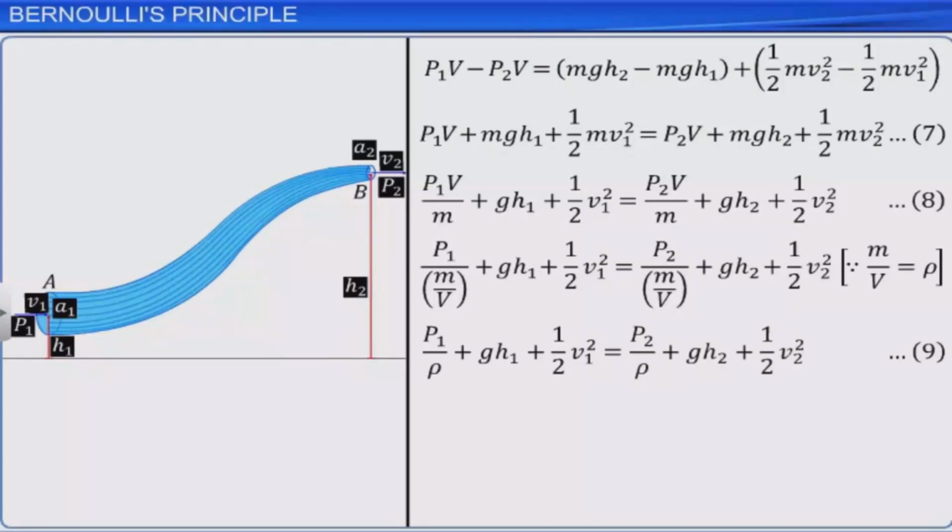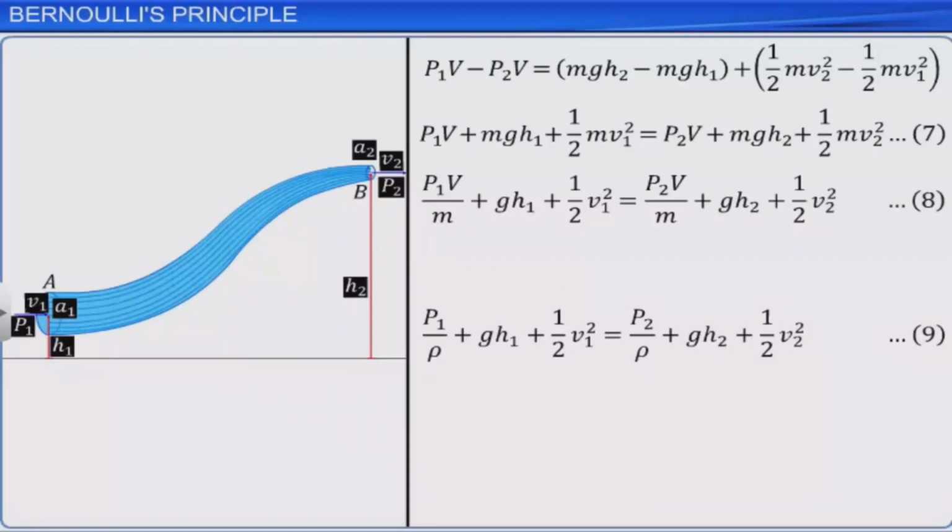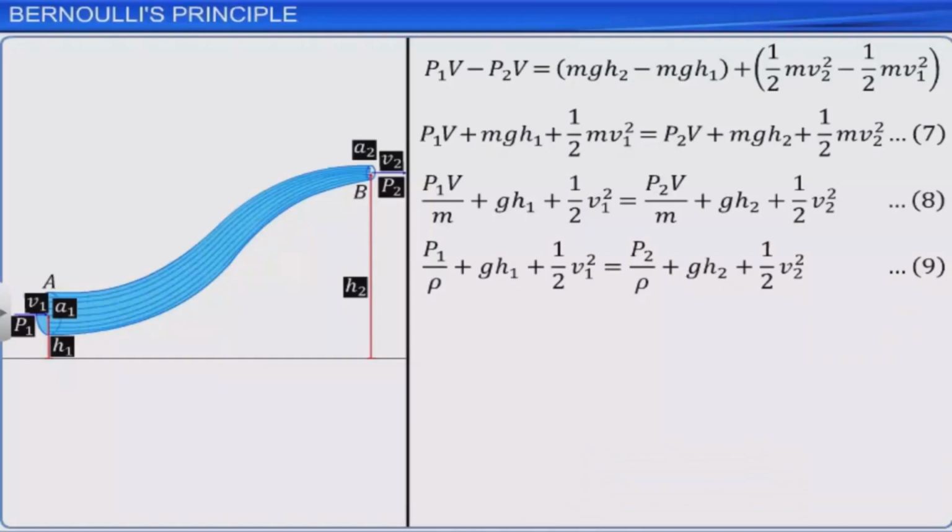This relationship holds good at any point in a streamlined flow. Thus, we can say P by ρ plus GH plus half V square is constant across all points in a streamlined flow.